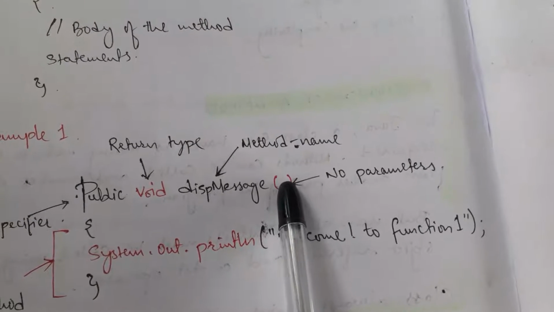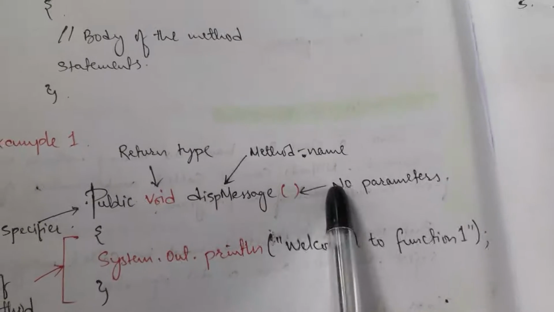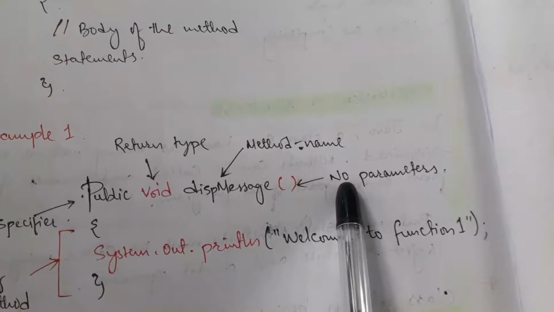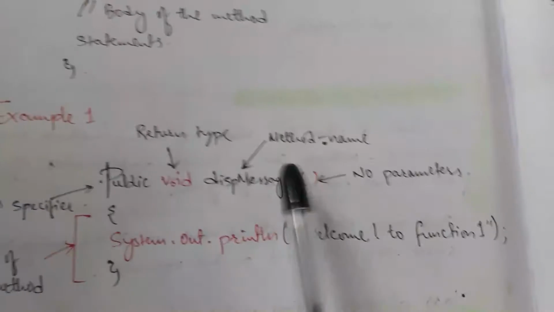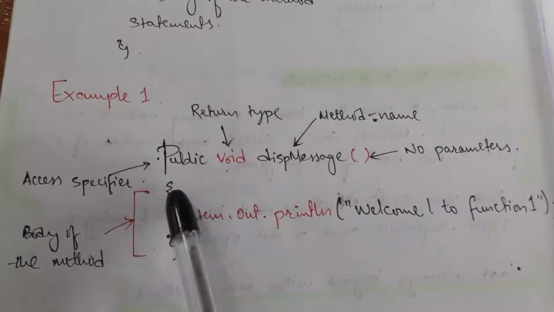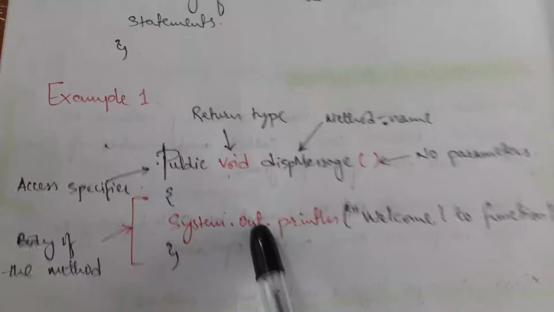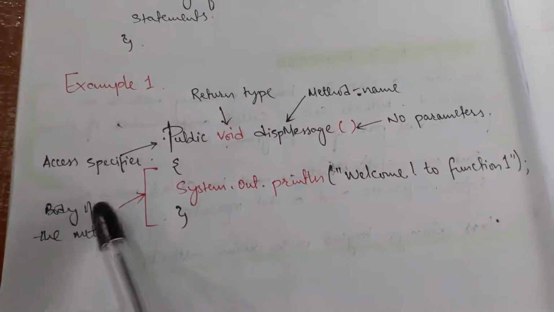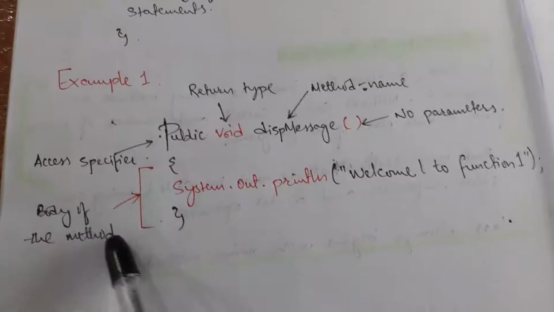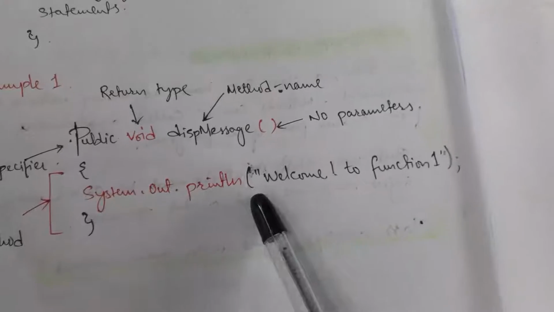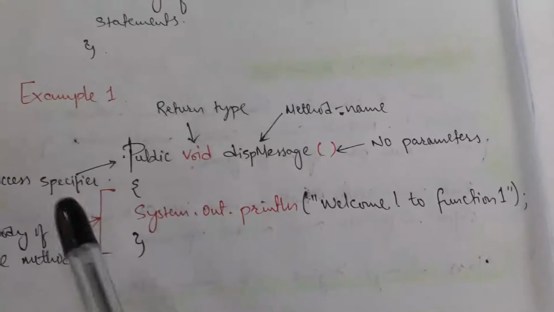In this particular example parameters are not present, which is why here it is written no parameters. Whatever is given inside the curly braces will be the second part of the method, called the body of the method. So System.out.println welcome to function is considered as the body of the method.